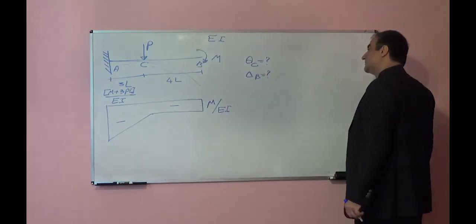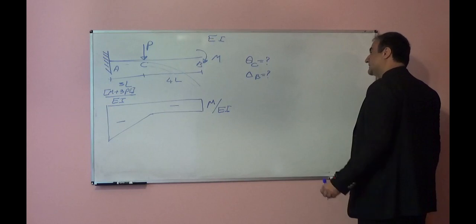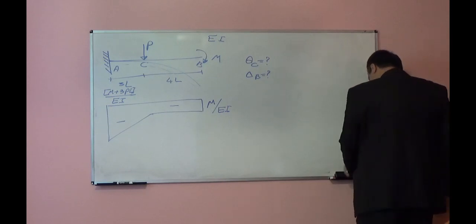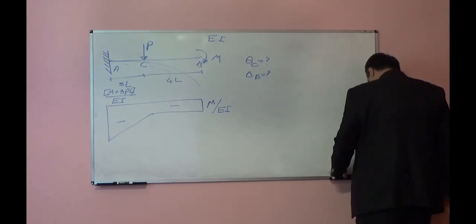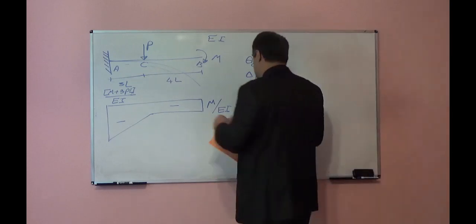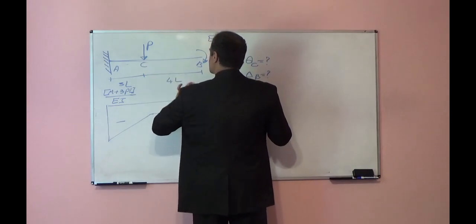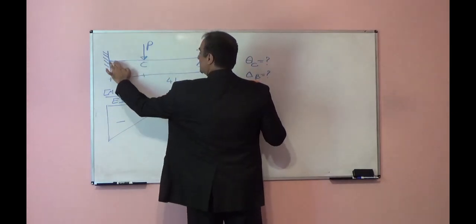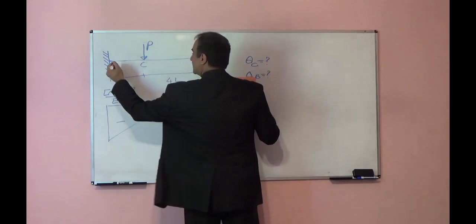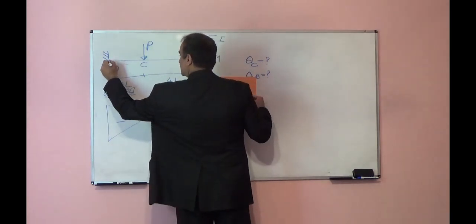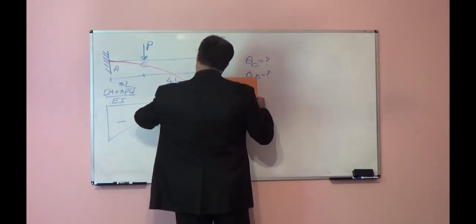If I want to find the slope at point C, it means I will draw a tangent to the deformed shape of the beam, and I will measure the angle with the horizontal direction. Let's show it with another color.